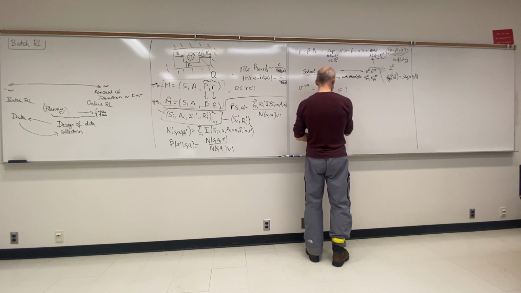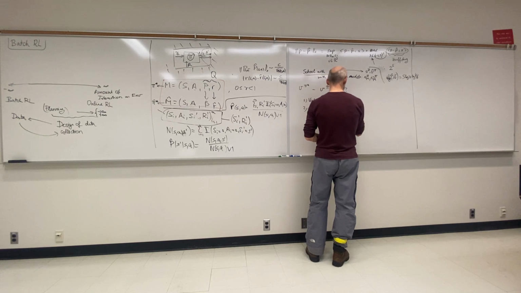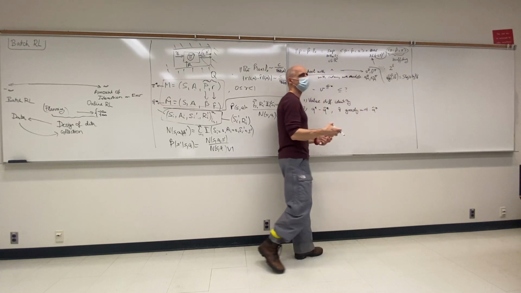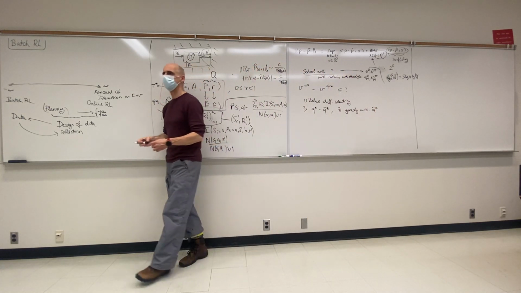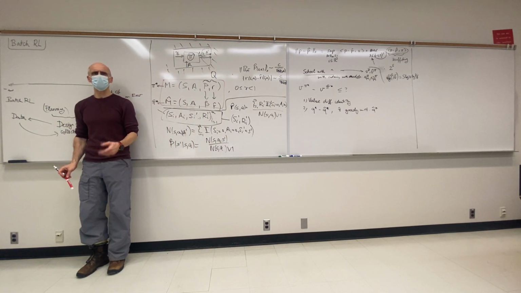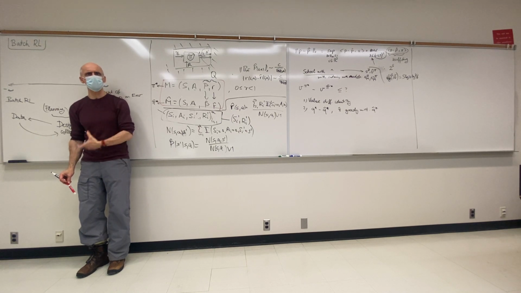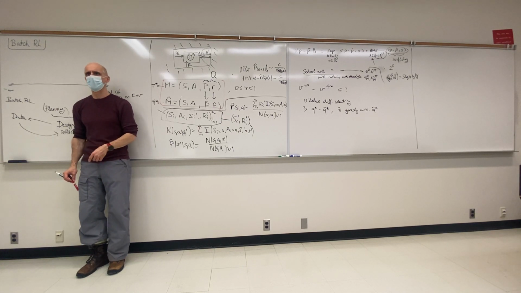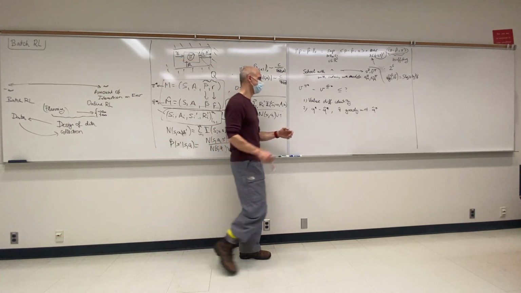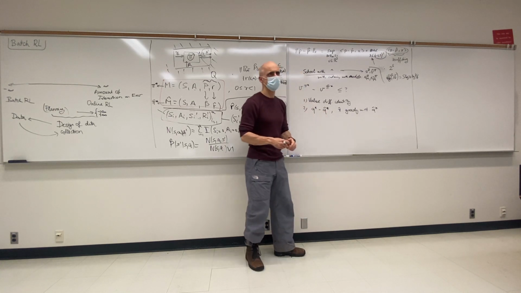Therefore, pi hat, which is greedy with respect to Q hat star, is going to be a good policy. We already saw a result saying that if you can approximate well the optimal action value function and you choose the policy which is greedy with respect to this approximate thing, it only loses the difference times the horizon, right? The difference between Q star and Q hat star.